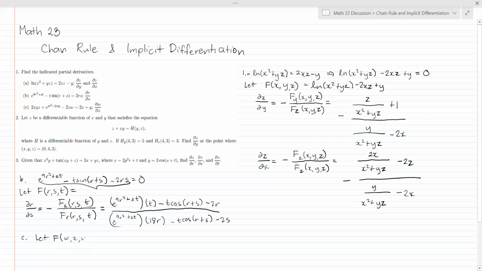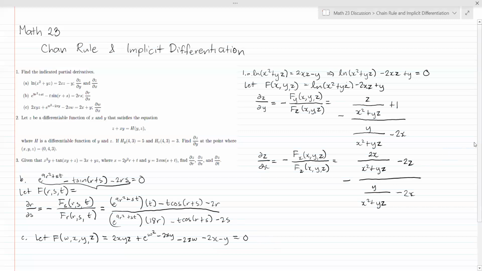W, x, y, z to be equal to 2xyz plus e to the w squared minus 2xy minus 2zw. Lipat na natin yung negative in 2x plus y. So minus 2x minus y. So this will become equal to 0.